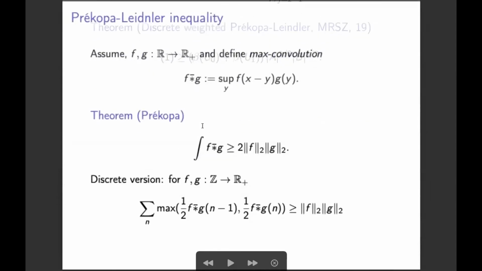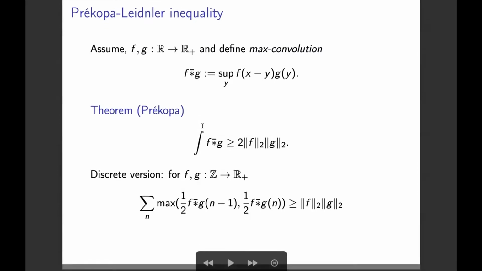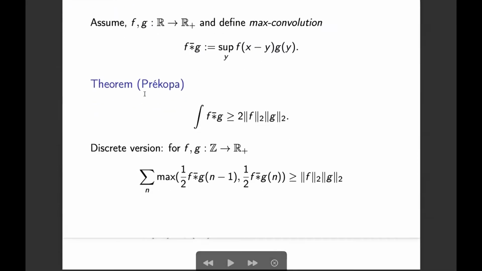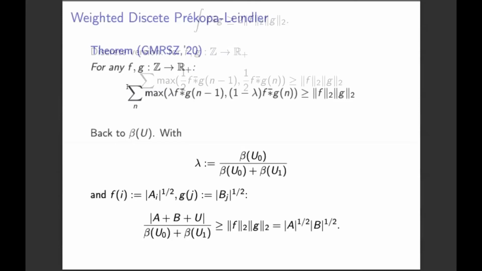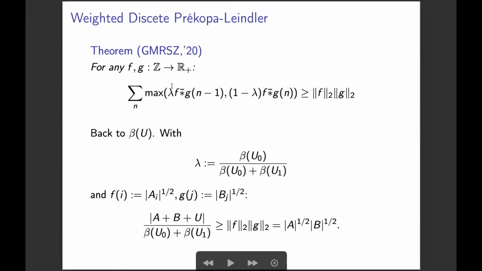And in fact, this is the same as estimating a weighted one with an arbitrary lambda here. And the question is to prove that for any lambda from 0 to 1, we have such an inequality.